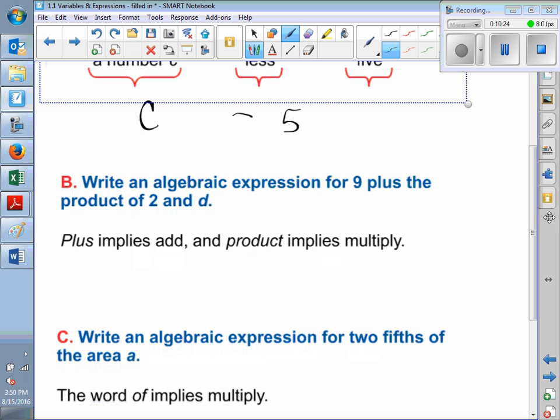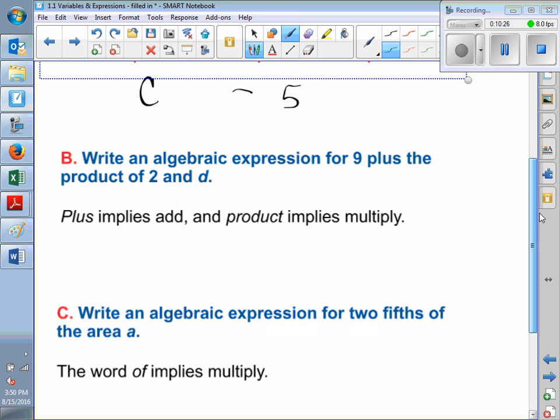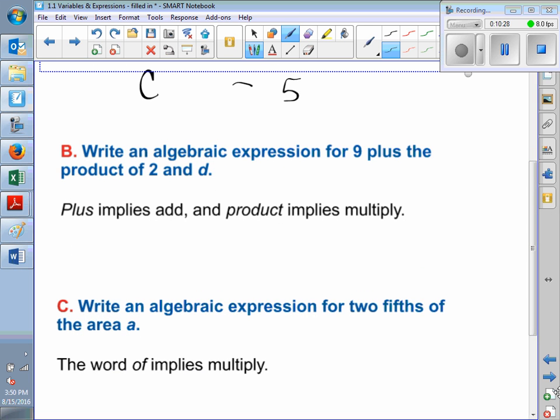How about this one? Write an algebraic expression for 9 plus the product of 2 and d. Now plus means add. Product means multiplication. Very good. So here, how are we going to write this? 9 plus the product of 2 and d. What do you think?